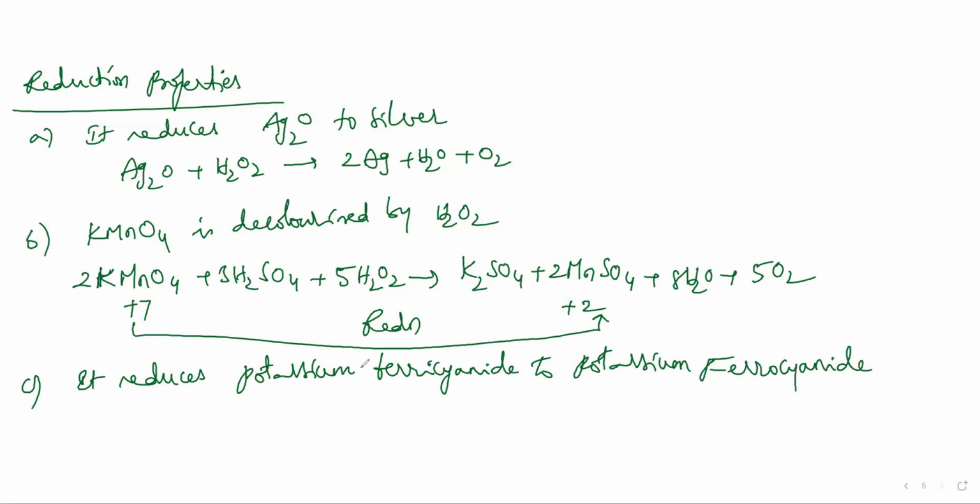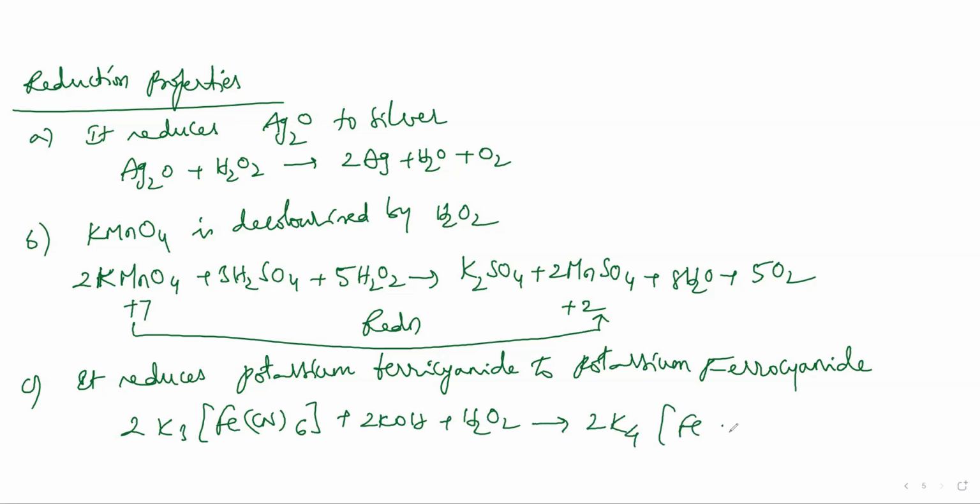So what is that? 2K3[Fe(CN)6] plus 2KOH plus H2O2 gives rise to 2K4[Fe(CN)6] plus 2H2O plus O2.